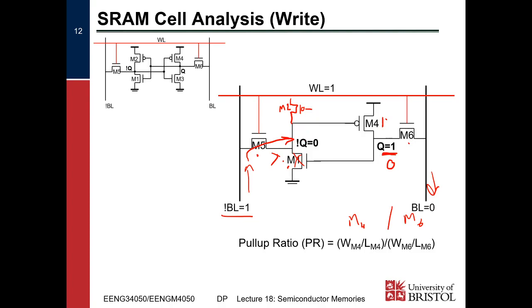And therefore M2 will then pull this up to 1 and M1 is off, meaning that it's no longer pulling down, right? So we're trying to write to the cell using the pass transistors overpowering the pull-up transistors, right?